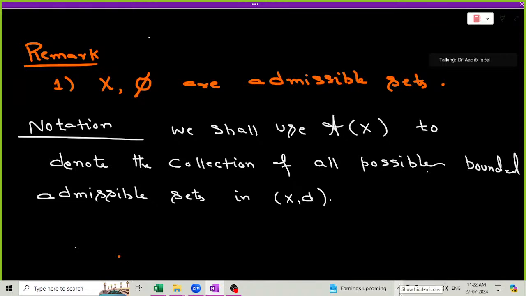So this script A_X will be only taking those admissible sets which are also bounded.